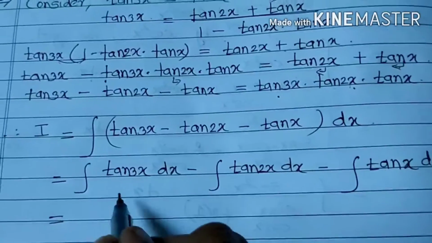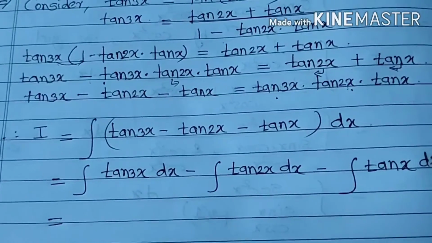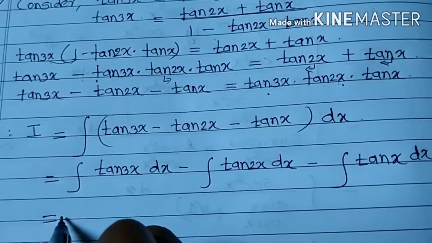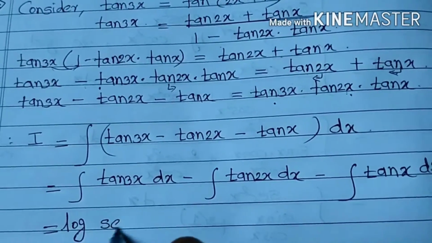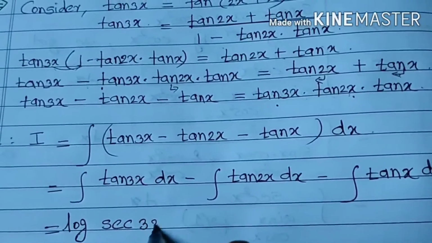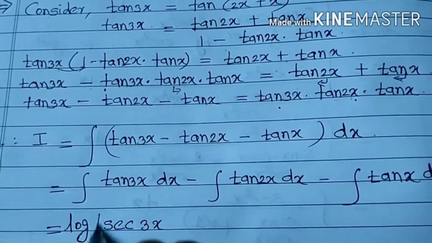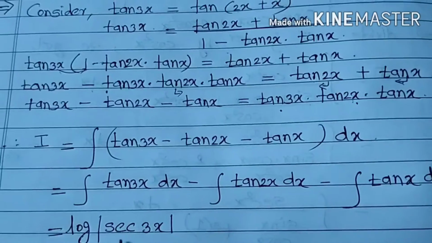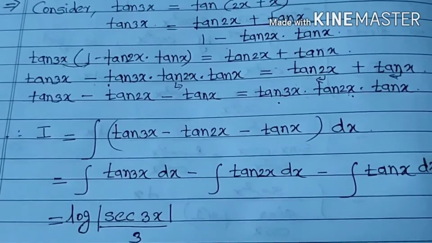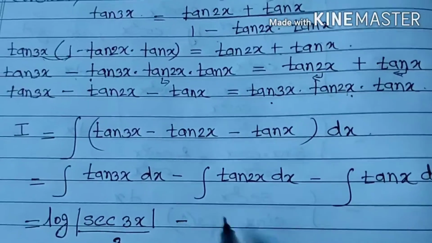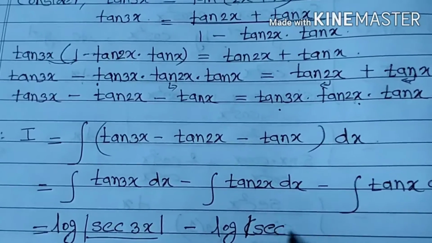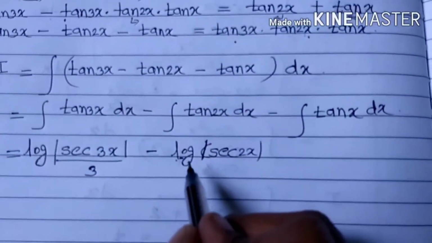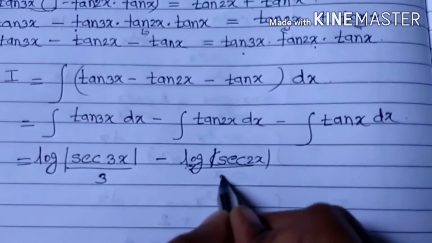We know that integration of tan x is log of sec x. So it is log of sec of 3x upon 3, minus log of sec of 2x upon 2.